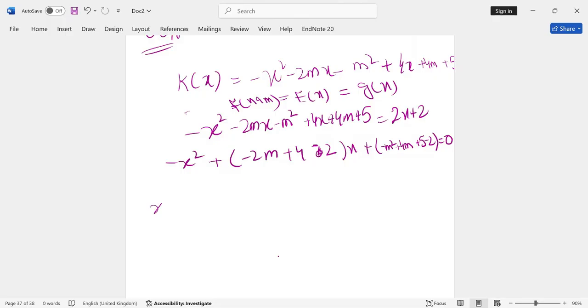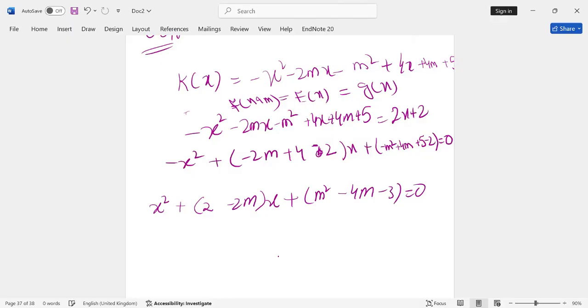We got x squared plus 2 minus 2m into x, plus m squared minus 4m minus 3.